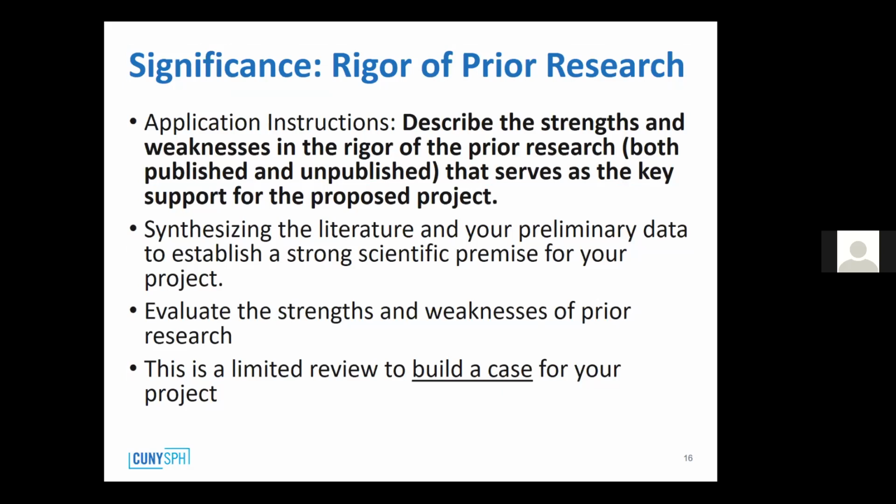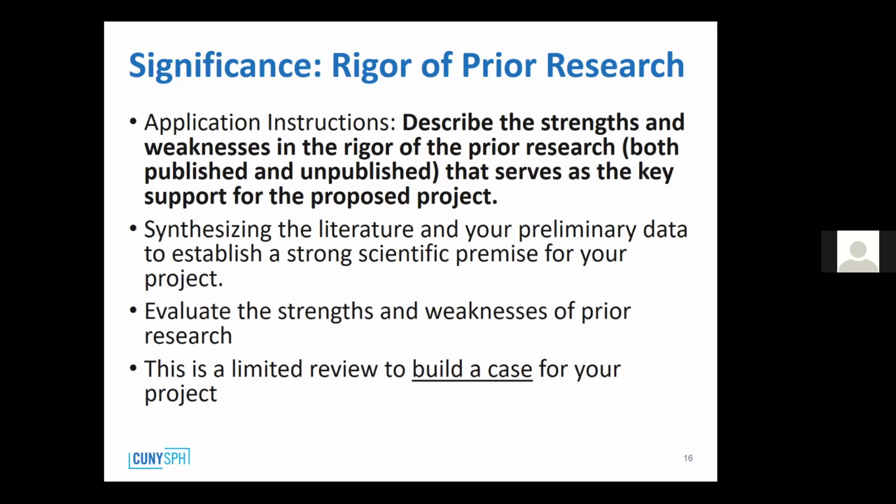So in the significance, the rigor of prior research, the instructions read, describe the strengths and weaknesses in the rigor of prior research, both published and unpublished, that serves as the key support for the proposed project. Use synthesizing the literature and your preliminary data to establish a strong scientific premise for your project.